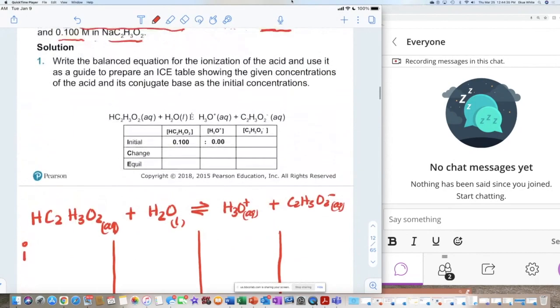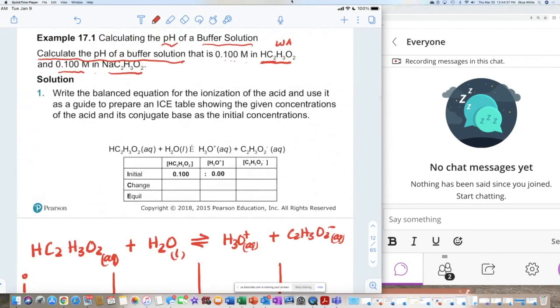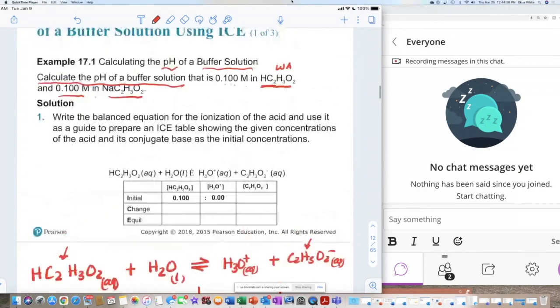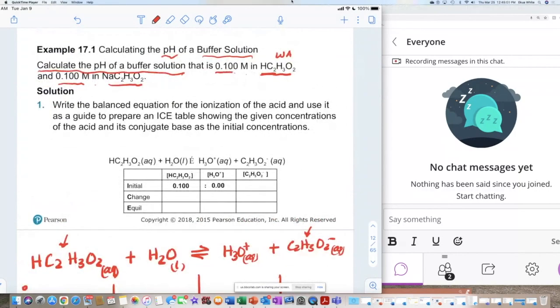So they start off in this question giving you concentrations of the weak acid, but they also gave you the concentration of the conjugate base that gets added to the solution, right? So if you were doing a regular problem where you're trying to solve for the pH of a regular acid, you would just write the concentration given to you here as 0.100.